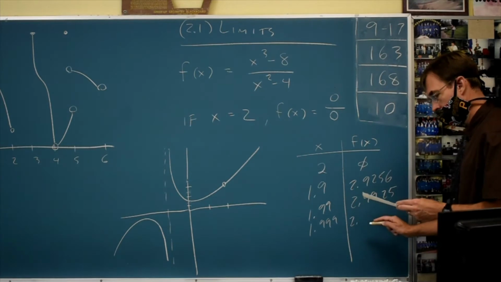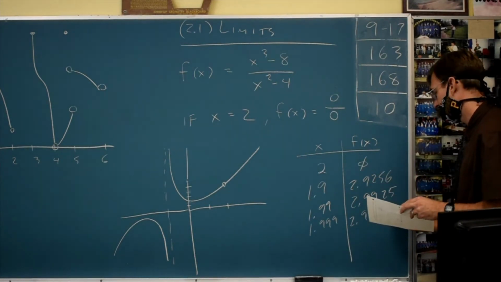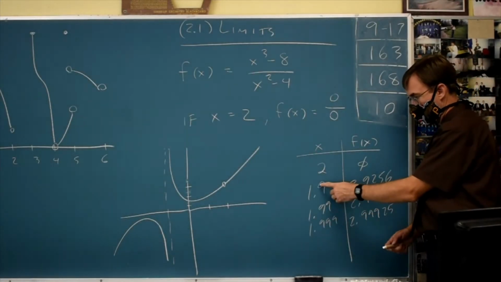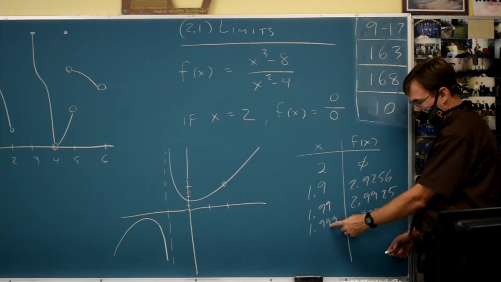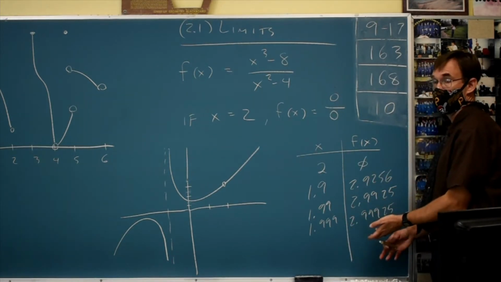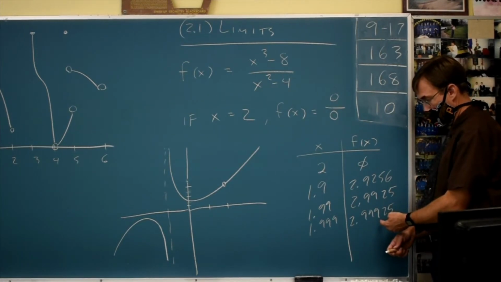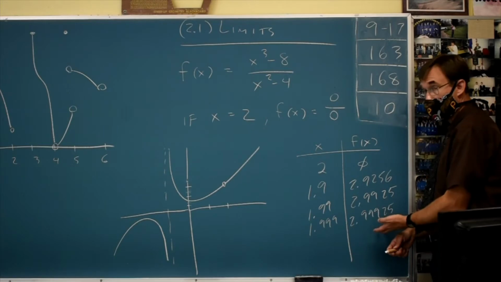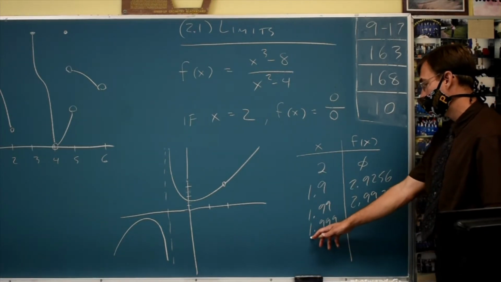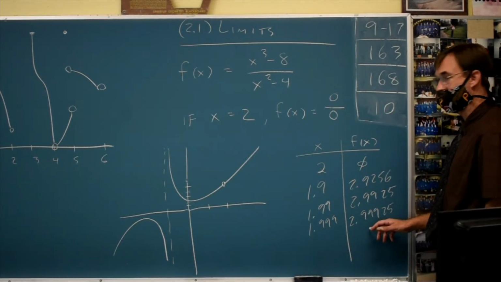That'll give you 2.99925. At which point you probably get the sense that when you get super close to 2, the result is expected to get super close to 3. Now, I didn't punch it in, but I bet if we went 1.9999, this probably starts off 2.9999.